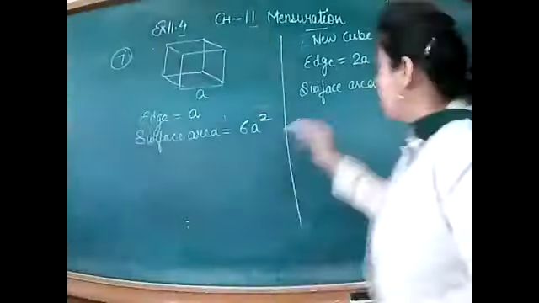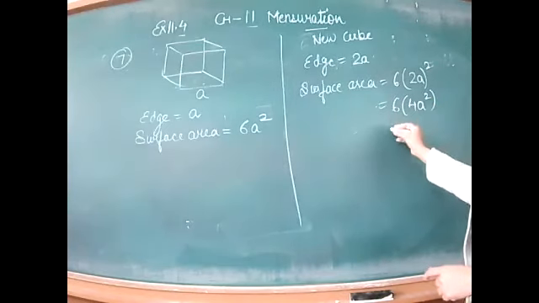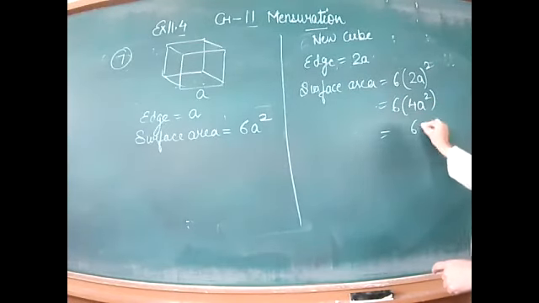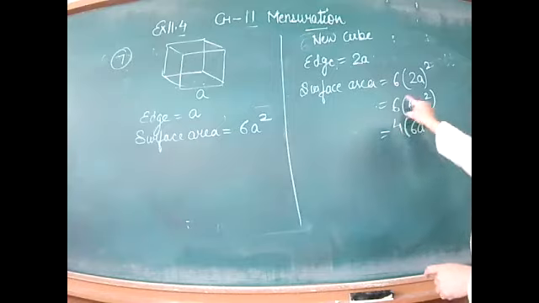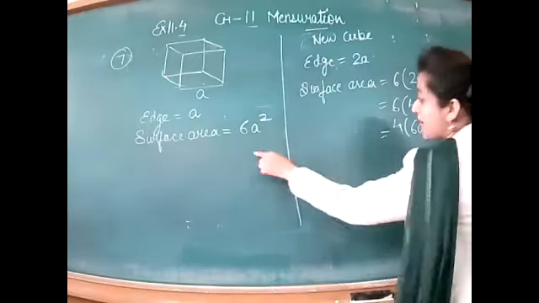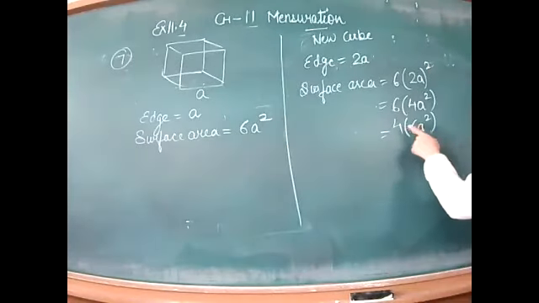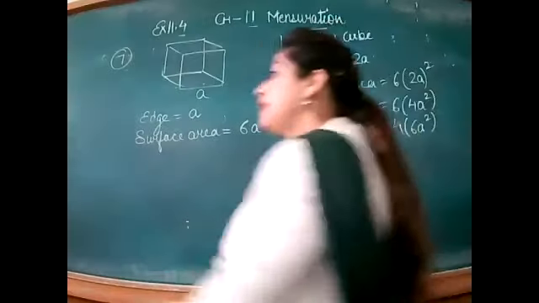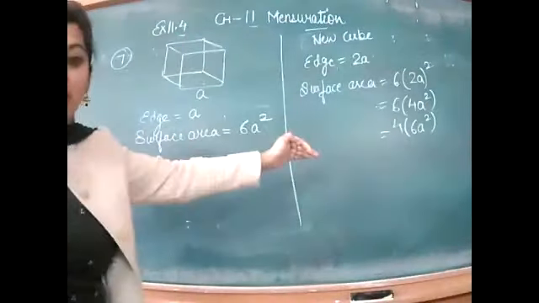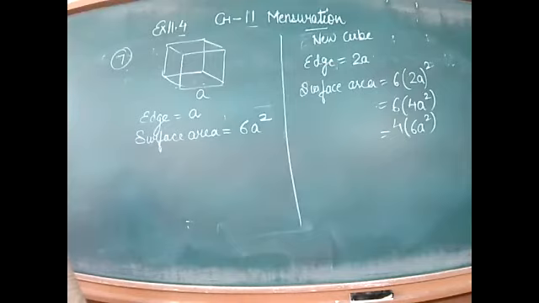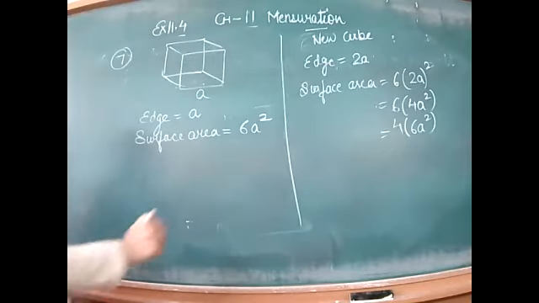Now solve this. 4A square, 6A square, 4 हमने बाहर लिख लिया. Actually we have to make the comparison. Earlier it was 6A square, now 6A square का ये कितना टाइम्स बन गया? 4 टाइम्स. आपको कहता है कि अगर एक क्यूब की एज को डबल कर दें, then how many times will its surface area increase? तो क्या होगा?